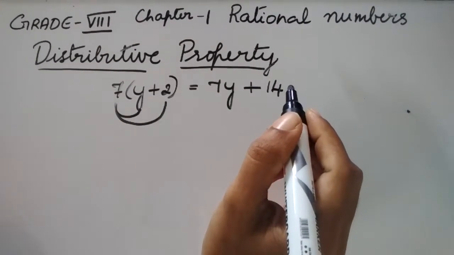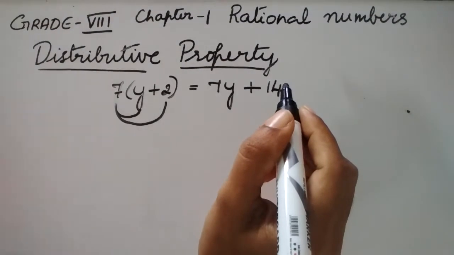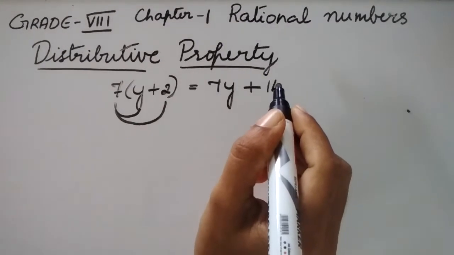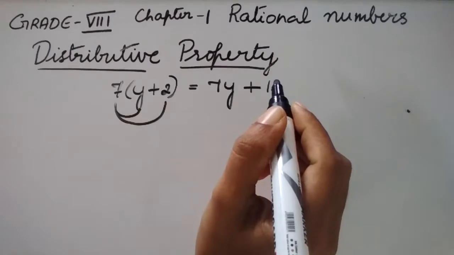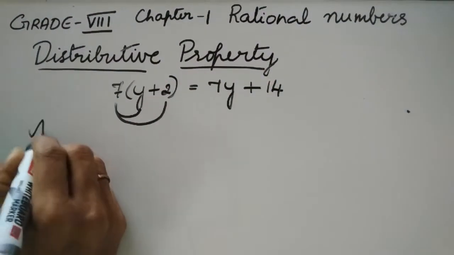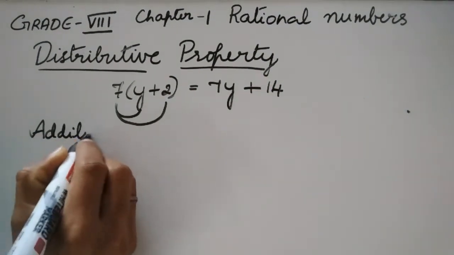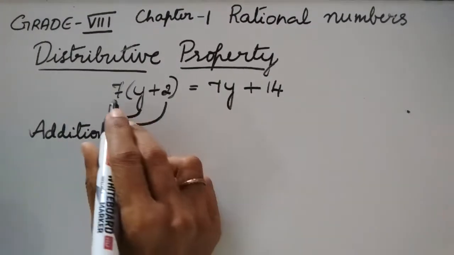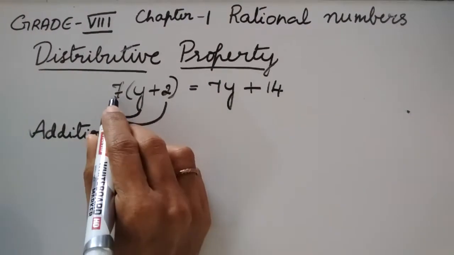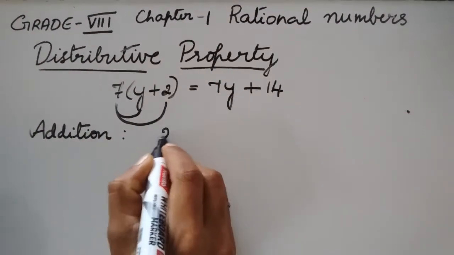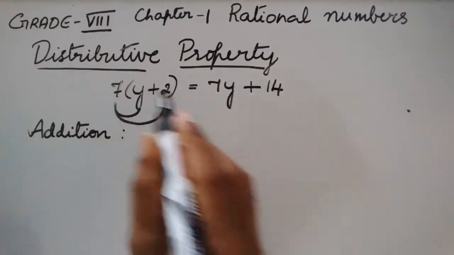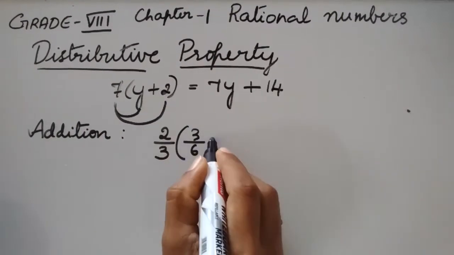Now let us check this property in rational numbers. Let us first check the distributivity of multiplication over addition. So let me take an example here. In the place of 7, we'll write a rational number 2 by 3 bracket. In place of y, I will write 3 by 6.